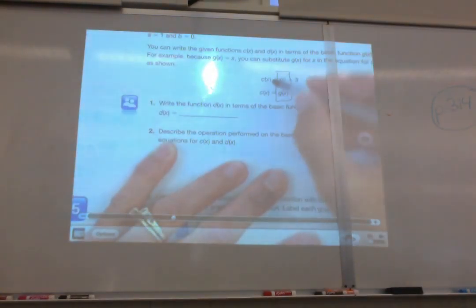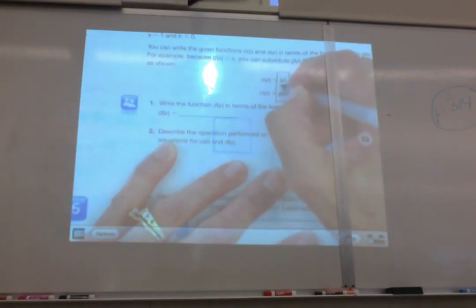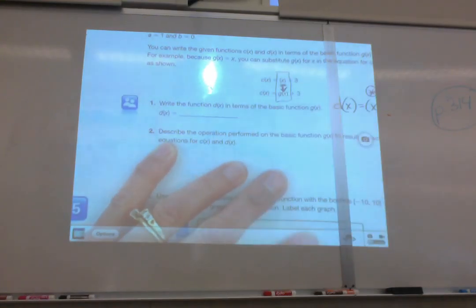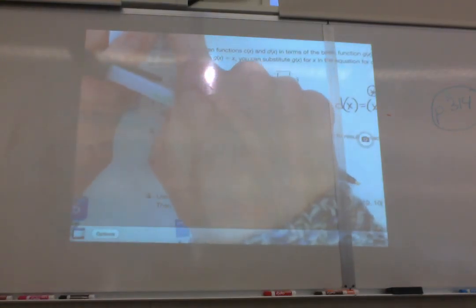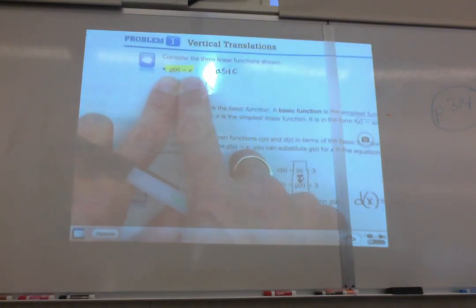Okay, right here, they took c of x equals x plus 3 and replaced the x with g of x. Why'd they do that? Those two are equal. If they are equal, we could substitute them.